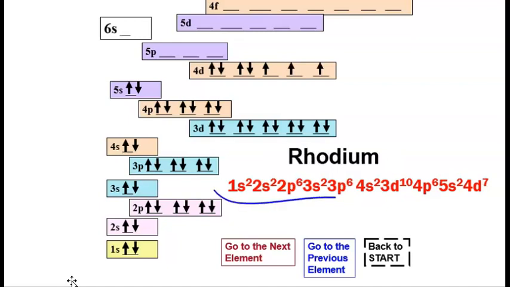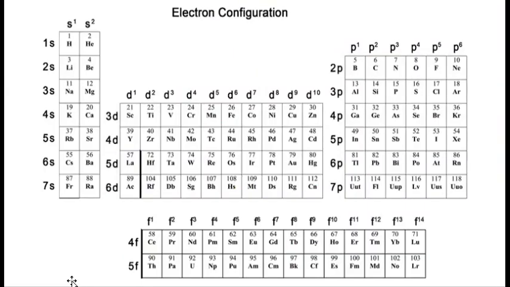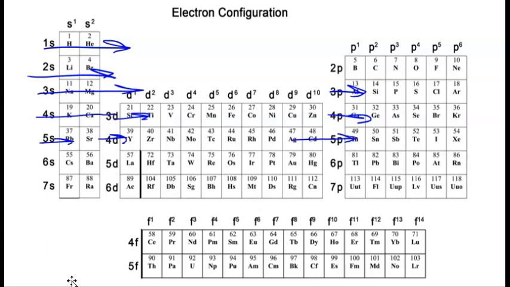Notice how long this looks. There is a way to abbreviate it, which we're going to learn next. So looking at our electron configuration and our periodic table, it looks identical. You start with 1s and go across, 2s, go across, to 2p, 3s, to 3p, 4s, to 3d, to 4p, 5s, to 4d, to 5p, and so on.